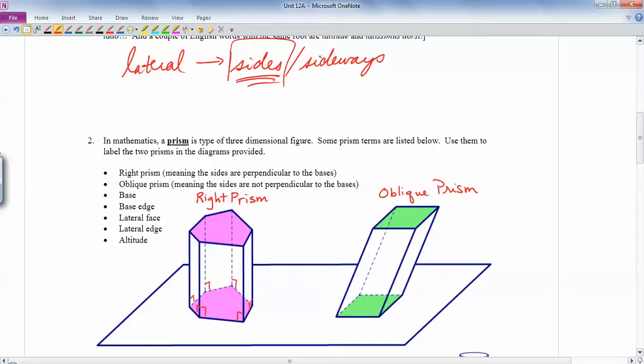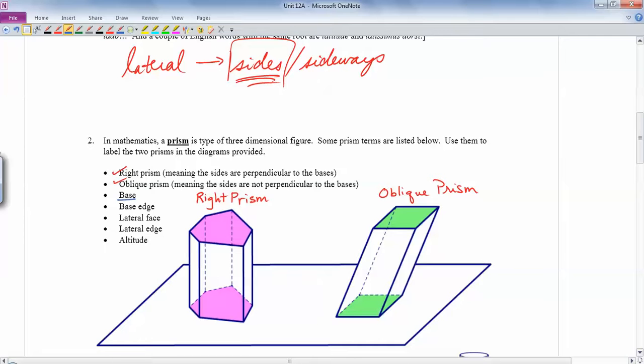By the way, since this purplish one has a hexagon for the base, you can call it a hexagonal right prism. This one, if this were a rectangle down here, then I could call it a rectangular oblique prism. So we've labeled right prism and oblique prism. Let's label some bases.